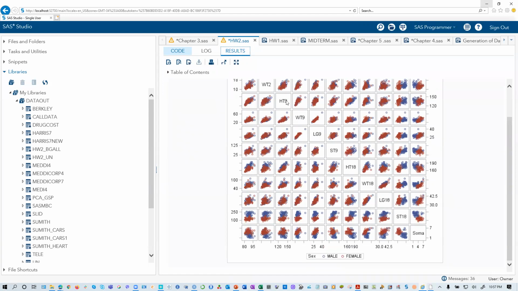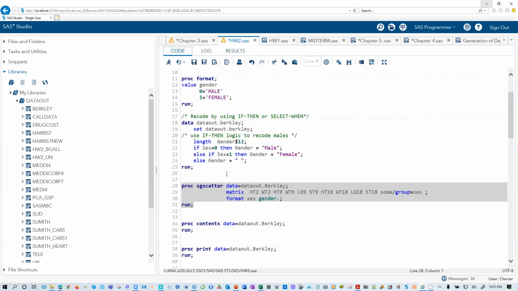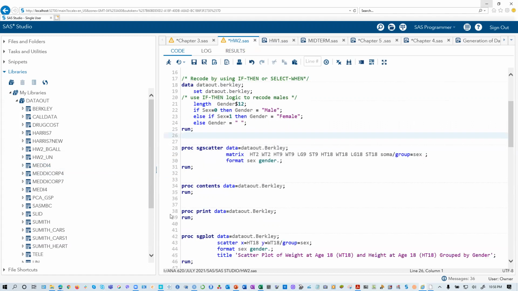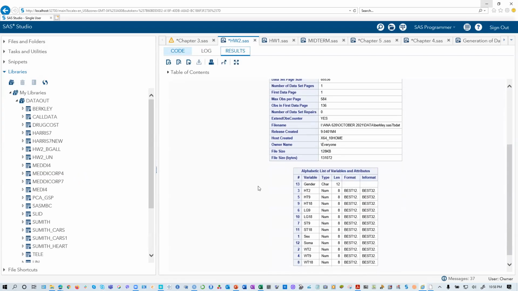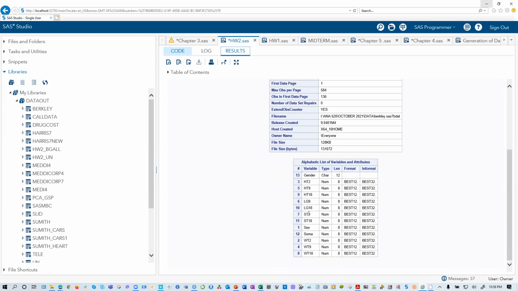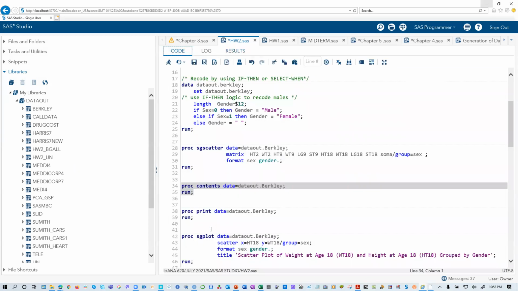Look at this, WT versus HT9, everything over here. But we recorded format gender, giving it by gender formatting. If you type in exactly the way that we put, you can get the two of them. If you want the contents, you can see all the data here, if you want to print.